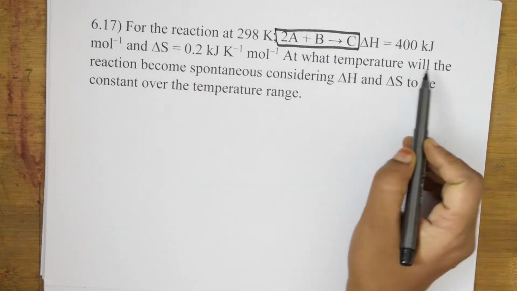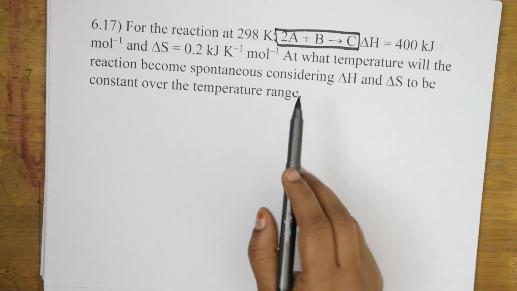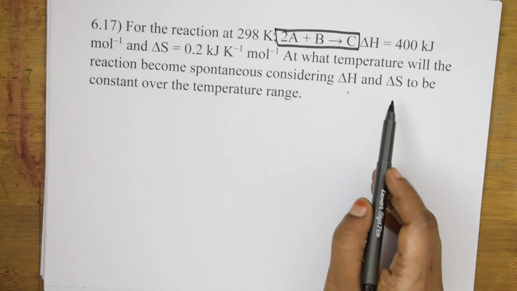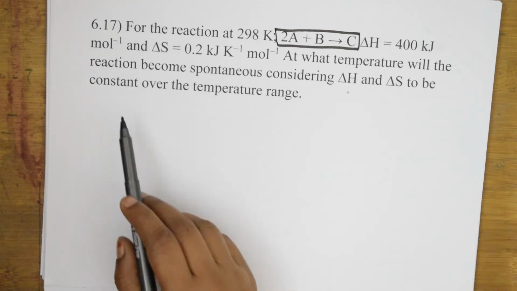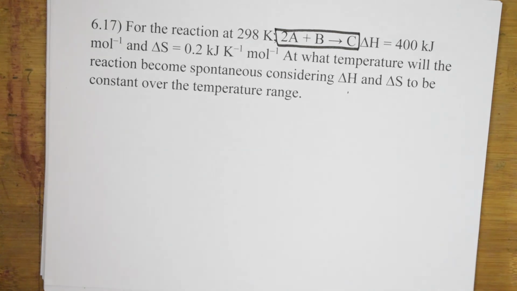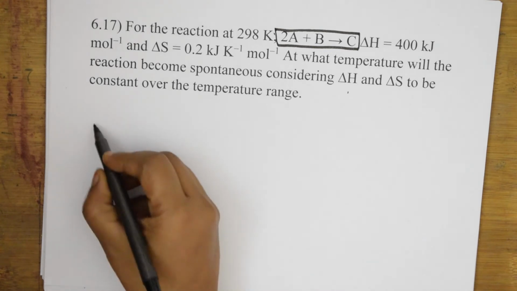At what temperature will the reaction become spontaneous, considering delta H and delta S to be constant over the temperature range? I need to find the temperature.